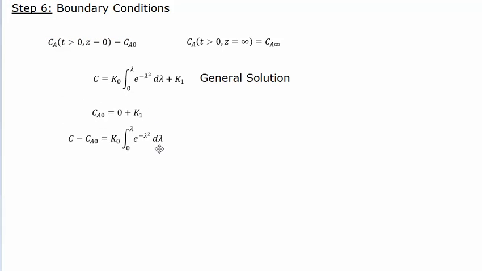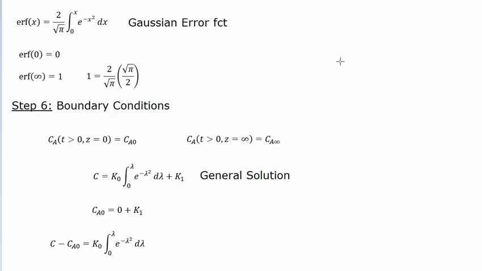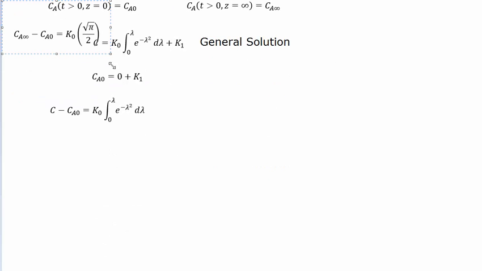Taking that into mind, I've updated our general solution. I just moved K1 over to the left. So we're going to have some sort of difference over here. The other thing to note is that, again, I told you that the error function, when this goes to infinity, is going to be square root of pi over 2.